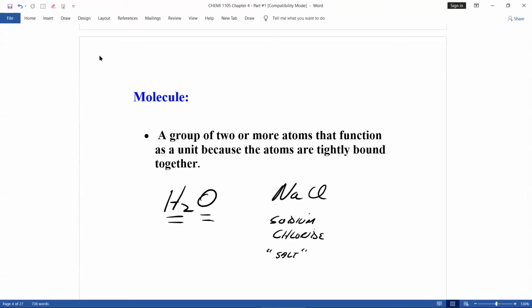And that's a molecule. The sodium and chlorine function together, are bound together, what we call a molecule. If you ever go out to breakfast, lunch, or dinner with a bunch of chemists, including Dr. White, one of us will always say, and I've done it so many times I forgot how many, can you please pass the NaCl? We don't say salt.